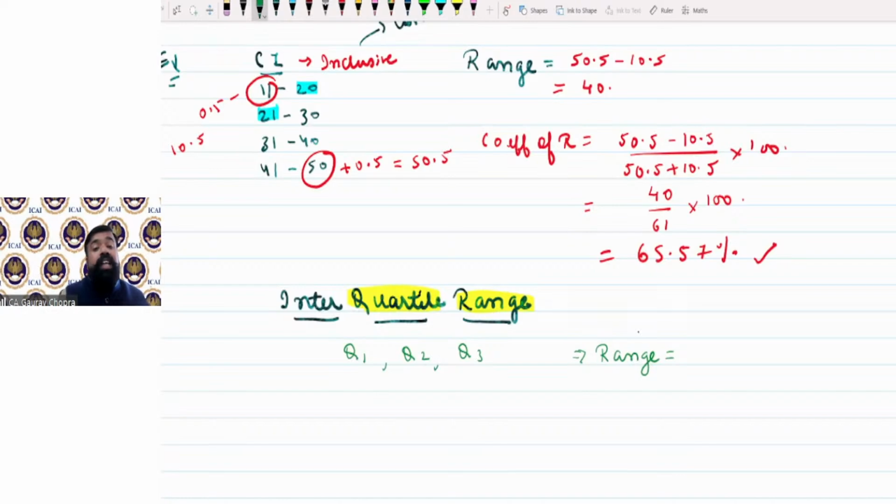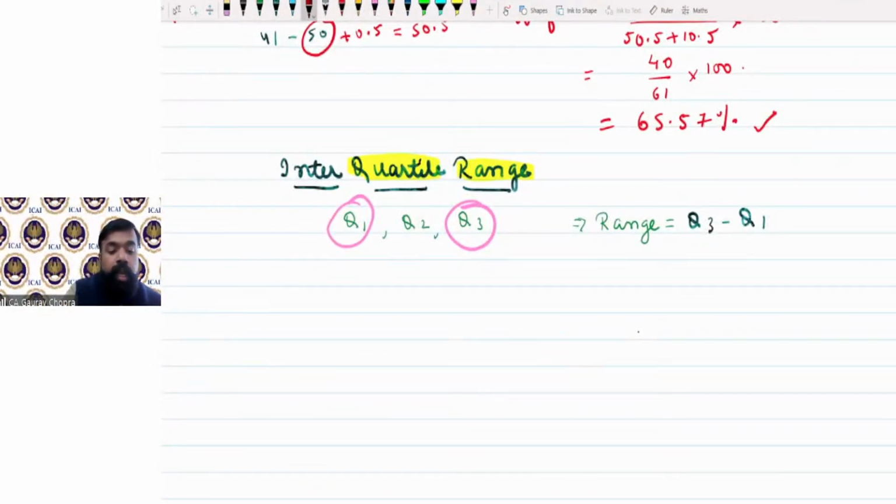The highest quartile is the upper quartile, or Q3, whereas Q1 is the lower quartile, or first quartile. So the formula will be highest value Q3 minus lowest value Q1. This is known as interquartile range.